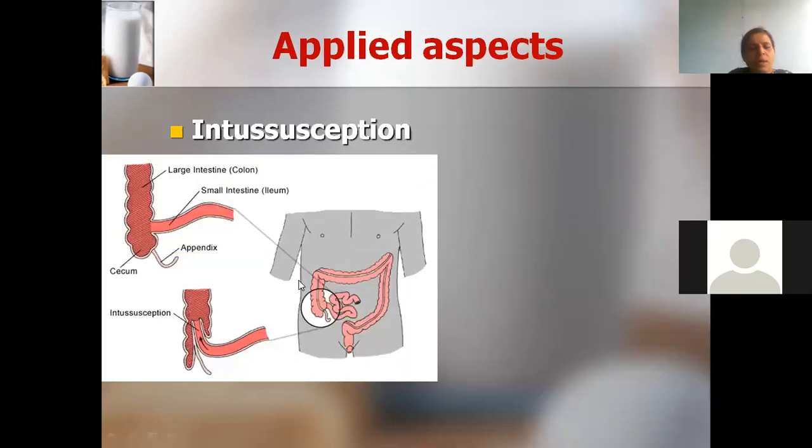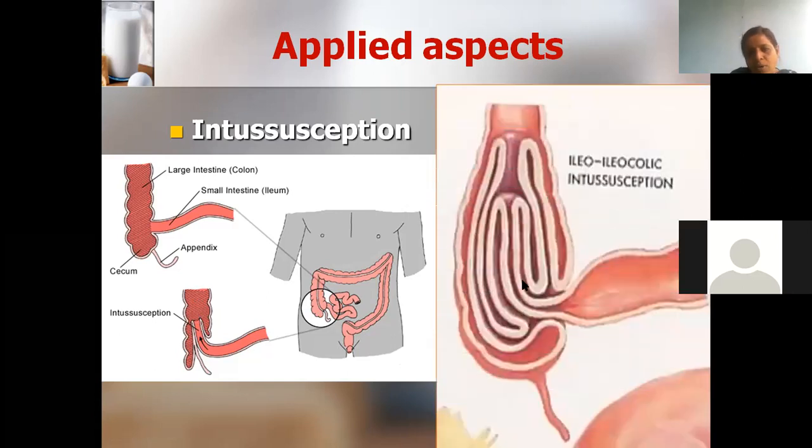Okay. So coming to the applied aspects of the cecum, sometimes the coils of the ileum, if the muscle tone has reduced, may just enter into the cecum. This condition is called intussusception. Many coils of the ileum are entering into the cecum with force, getting coiled and staying here.